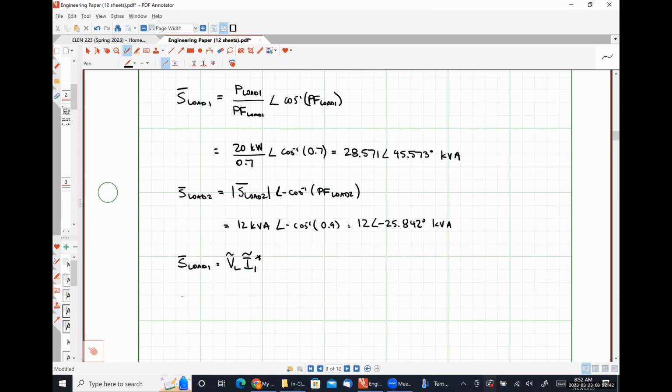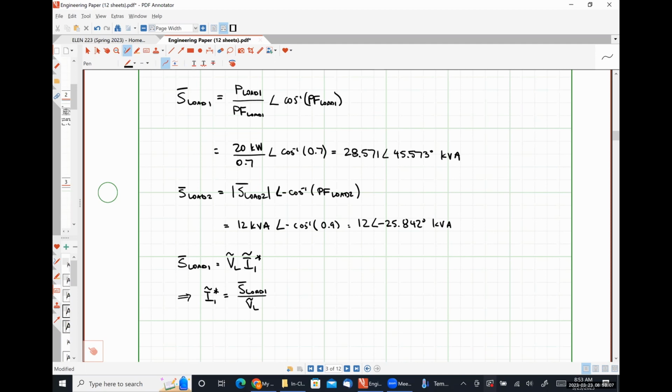So we're going to rearrange this thing. So I could say that I1 conjugate is equal to S load 1 divided by VL.